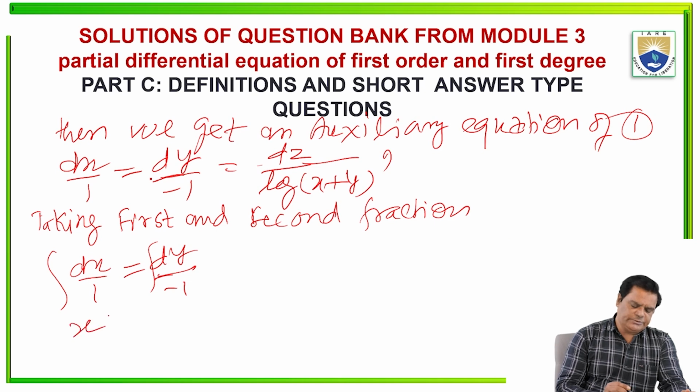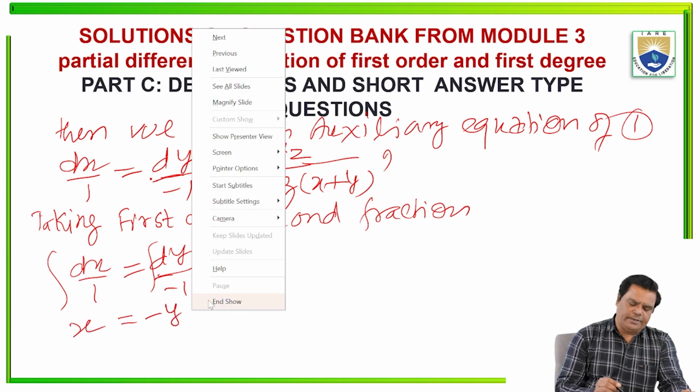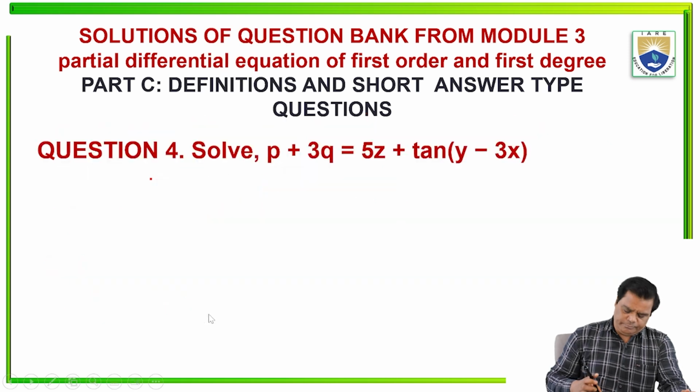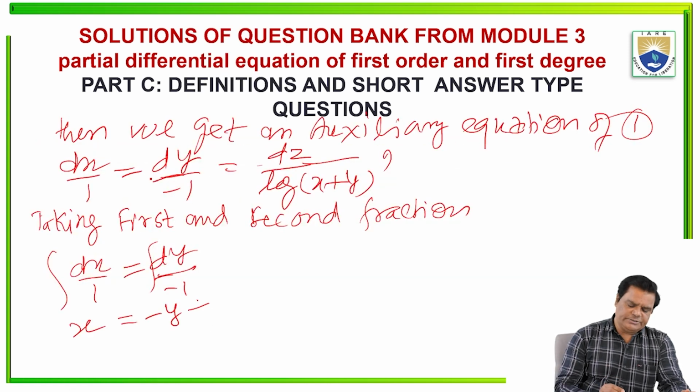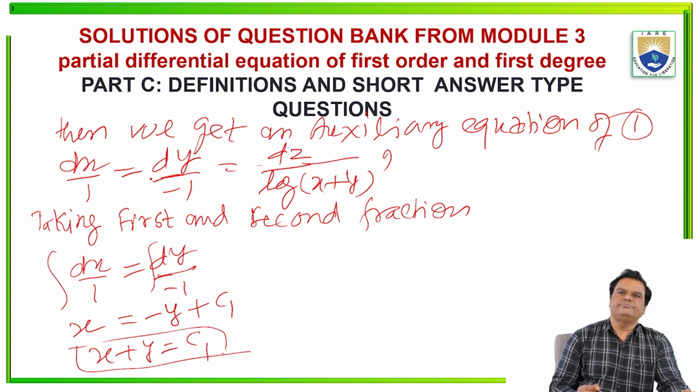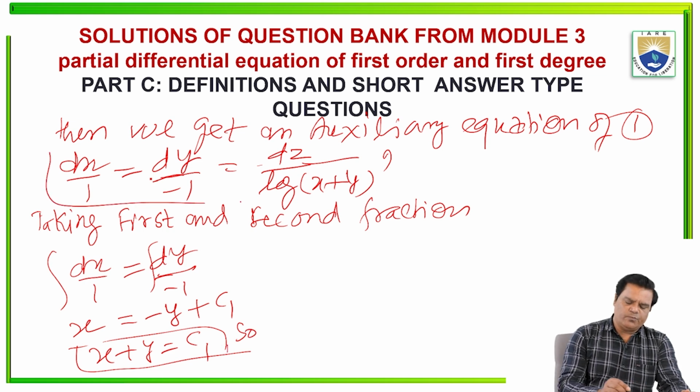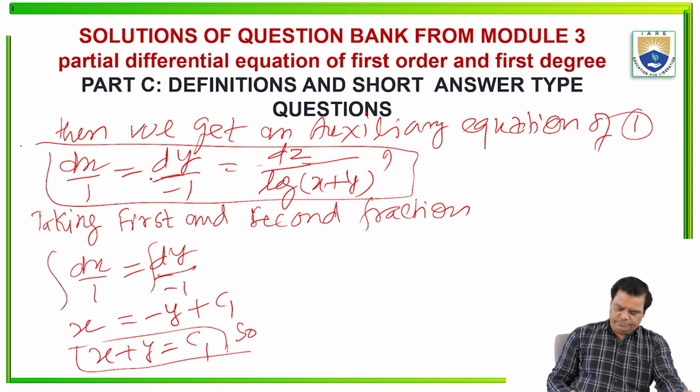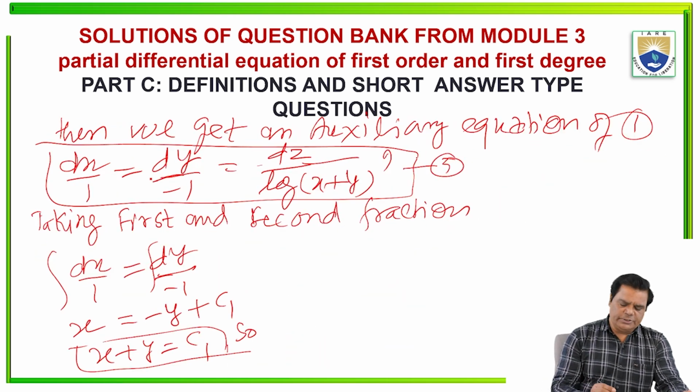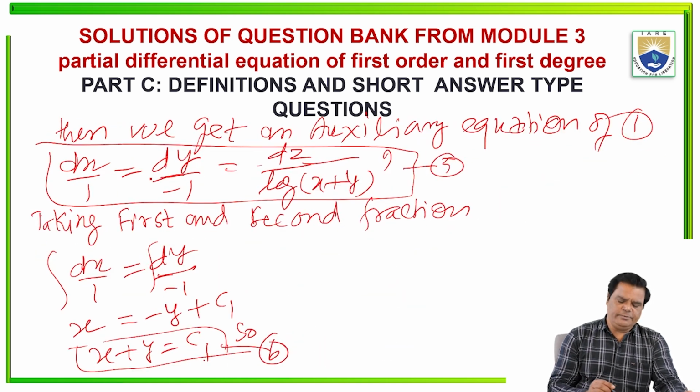So here x equal to minus y plus c1. So x plus y equal to c1. This is the first solution. Solution 1. This is equation 5. This is 6.